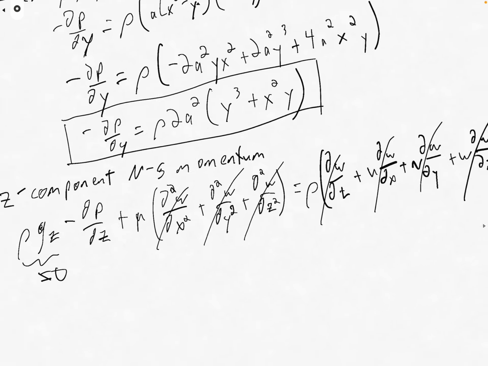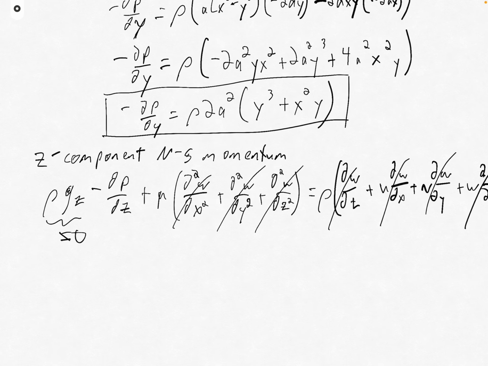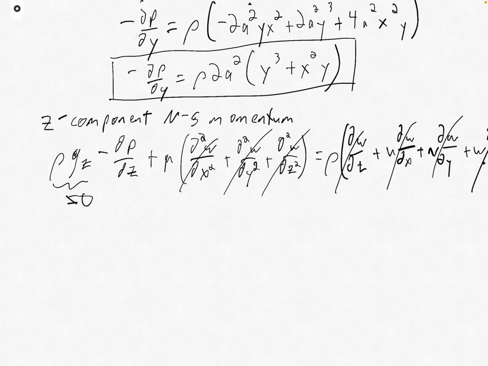And so if we write this out, we said that g was equal to minus our little constant g times k, meaning that our gravitational acceleration is in the negative z direction. Right? So if this is our z direction, we're saying that the gravitational vector g points in the negative z direction.